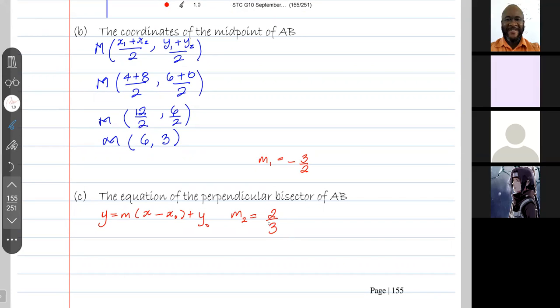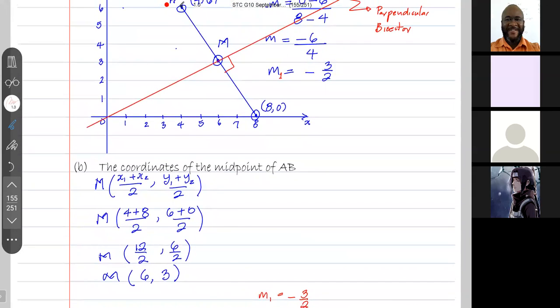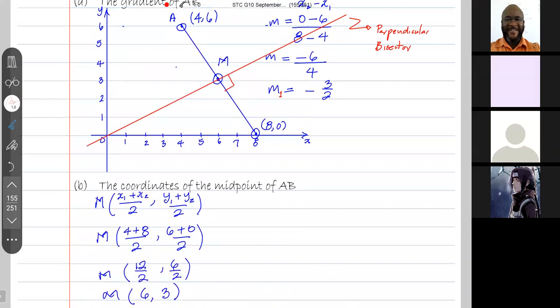Guys, also to use the formula, I need to know the coordinates of one point on the perpendicular bisector. There are 3 points here, A, B, and M. Which one is on the perpendicular bisector? M. So this is something to remember.